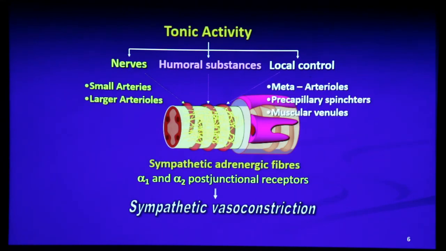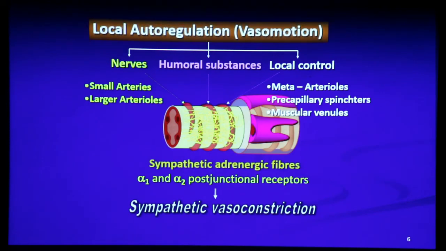You'll find small arteries and arterioles are governed mainly by nerves, while the meta-arterioles at the microcirculatory level, the precapillary sphincter and muscular venules are governed by local control, or the local environment around the capillaries. So this local autoregulation is called vasomotion.